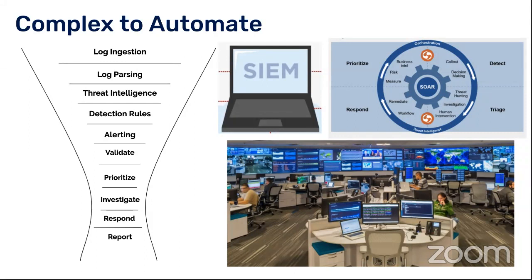But usually the centerpiece of making all this work is a bunch of people. And they typically have to be security analysts, which are certainly scarce in the marketplace. If your organization has them, you probably need to have them focused on important things, not just tracking down false positives.